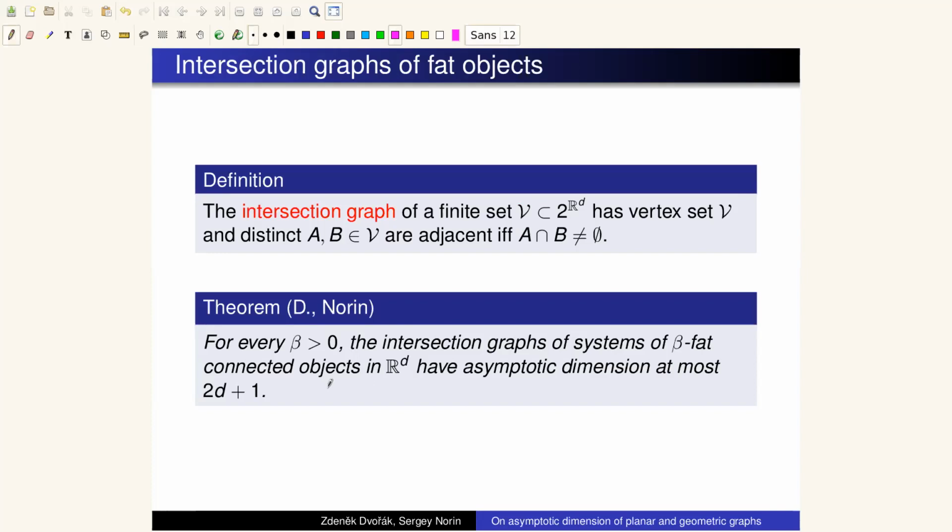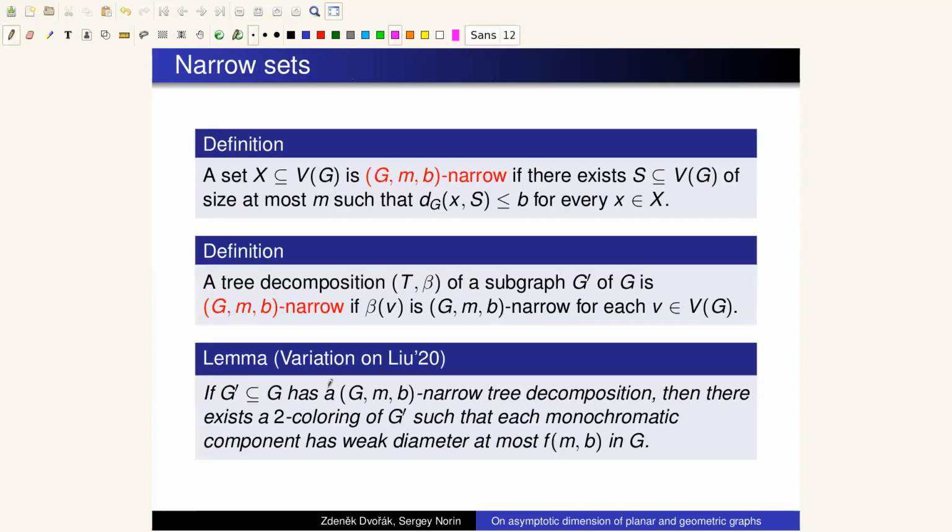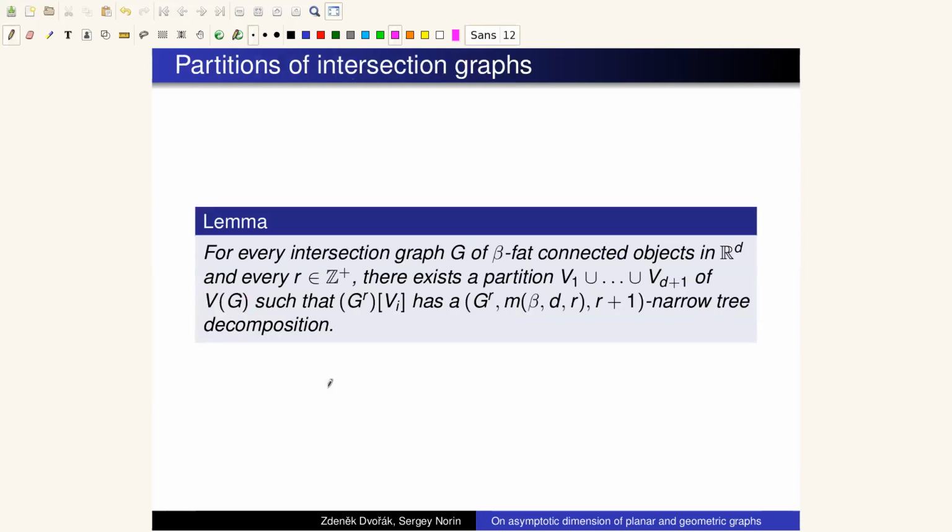And how do we prove this? I will not go much into the proof. What we do is we find that for such graphs you can decompose their vertices into d+1 parts, such that each part induces something like a graph of small treewidth.